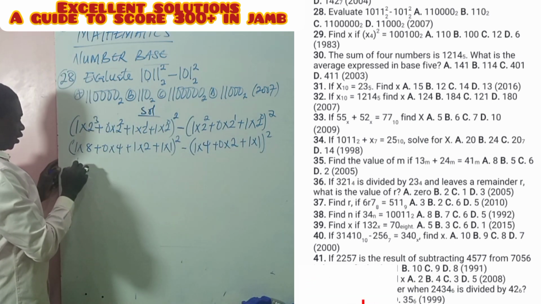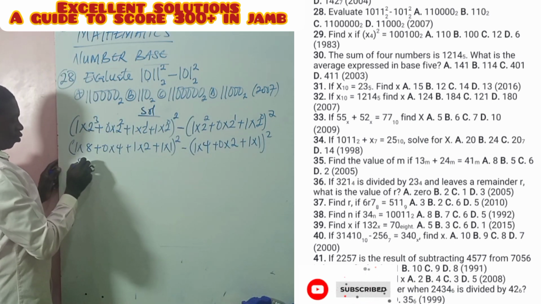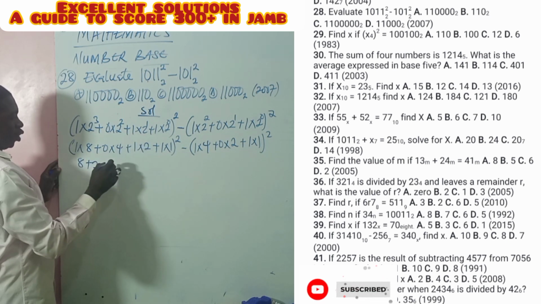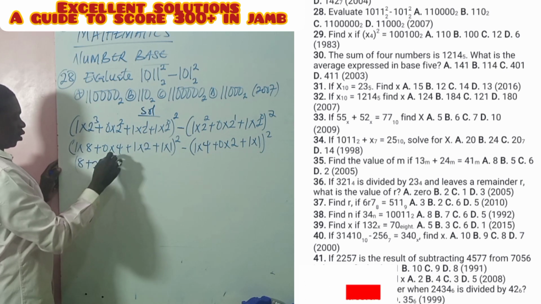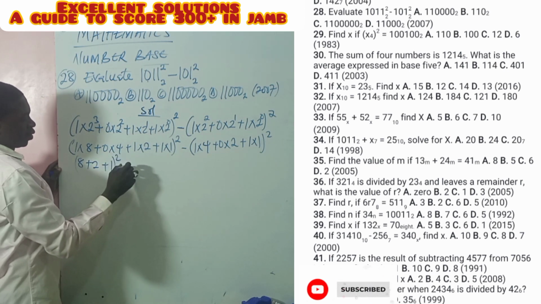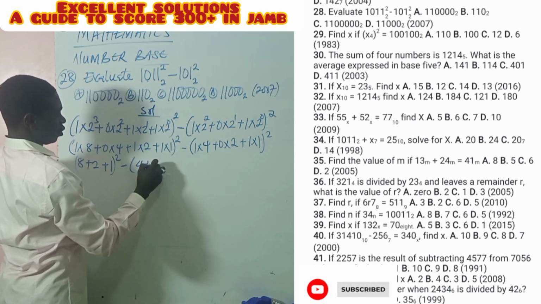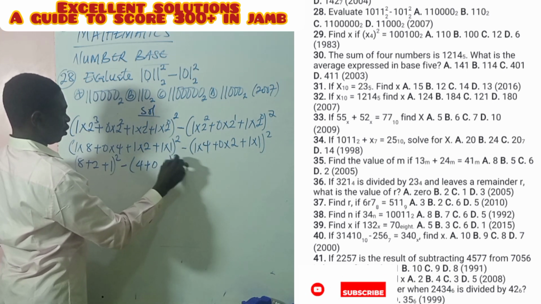So this is the same as 8 plus 0 times 4 is 0, plus 2 plus 1, all squared, minus 4 plus 0 plus 1, all squared.